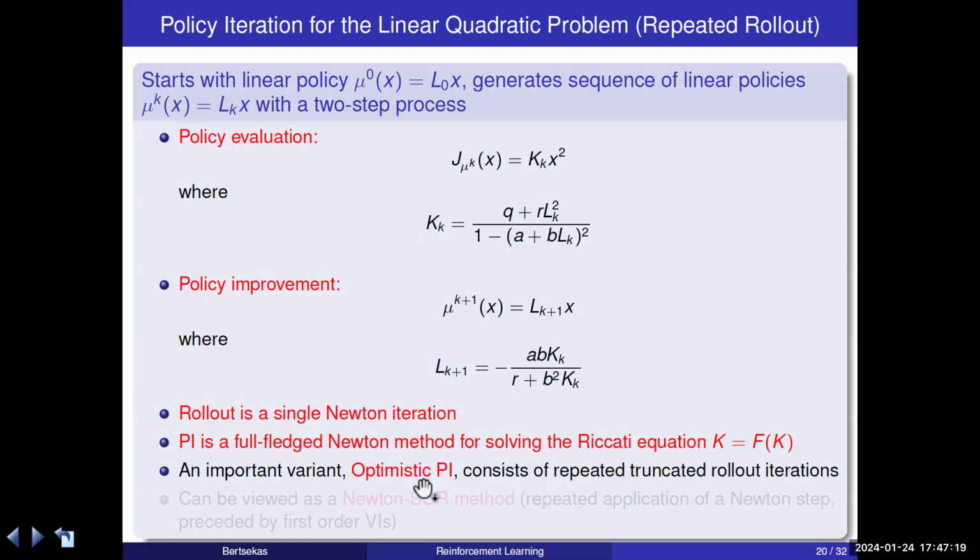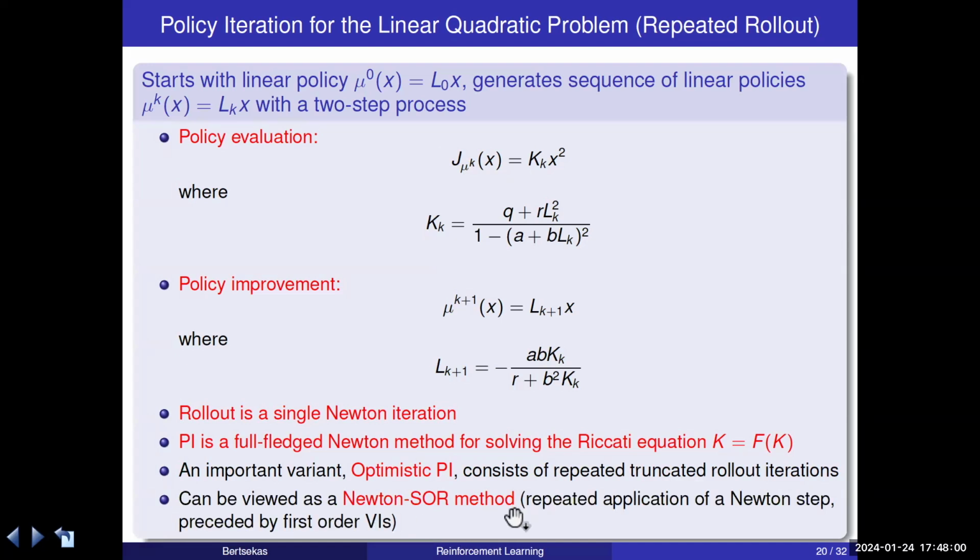There are a lot of variants of policy iteration. They admit graphical interpretations. One of them is called optimistic policy iteration, where you evaluate the current policy approximately by using some value iterations. And this is the essence of truncated rollout. It can be viewed as an approximate or optimistic policy iteration with inexact policy evaluation through some value iterations. And it can also be viewed as what's called in numerical analysis a Newton SOR method.